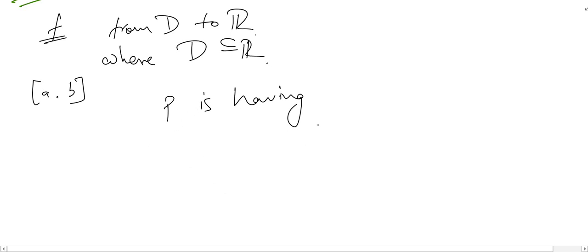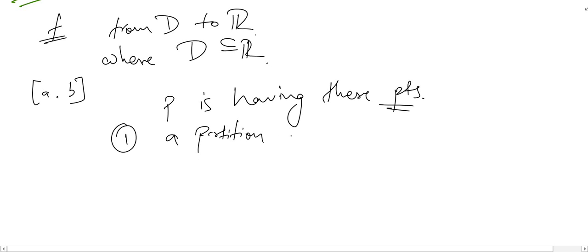I'm just telling you in my own words, right? P is having these points. The first point is a partition of [a, b], right? That is the choice of intermediate points.